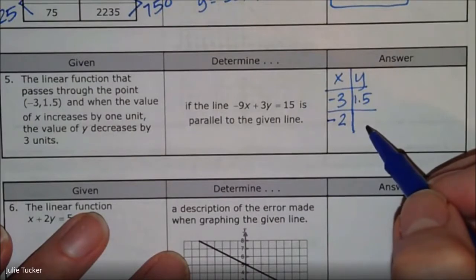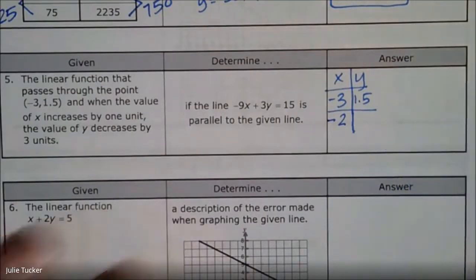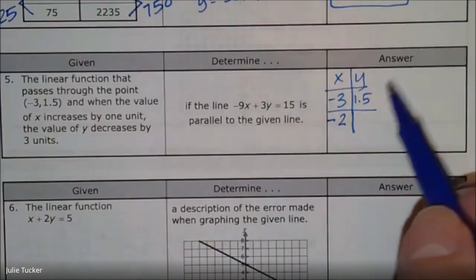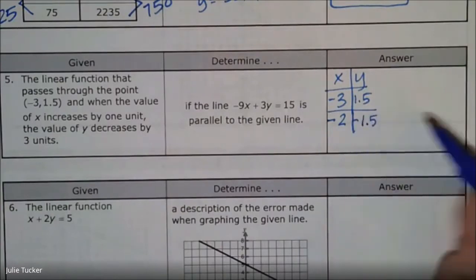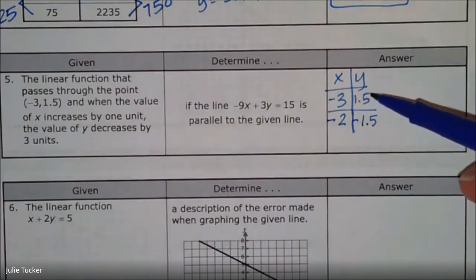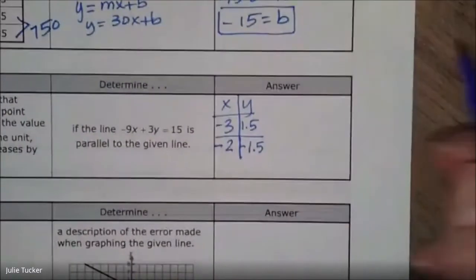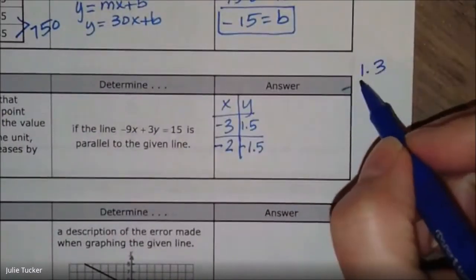So 1.5 minus 3. Can you do that on your calculator? You're right, this is 1.5. So it'll be negative 1.5. It's 1.5 minus 3. So let me do it over here. 1.5 minus 3.